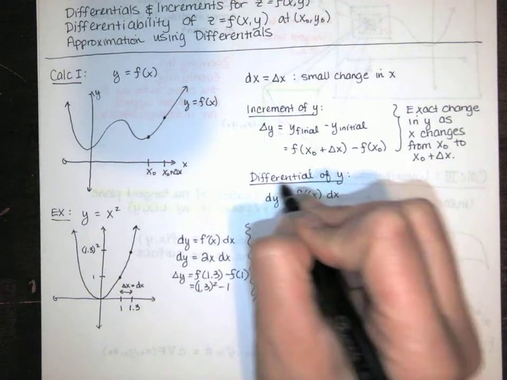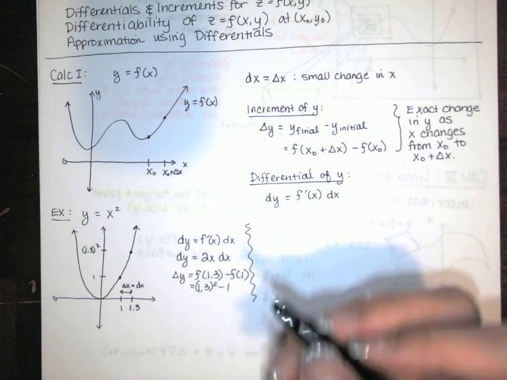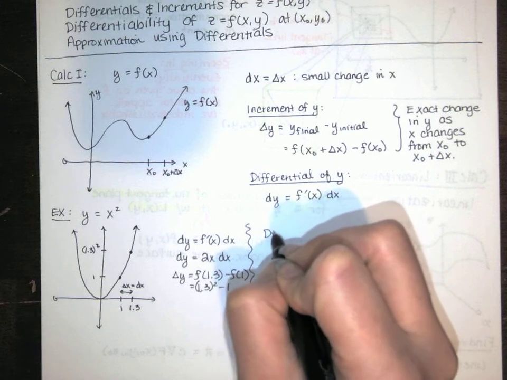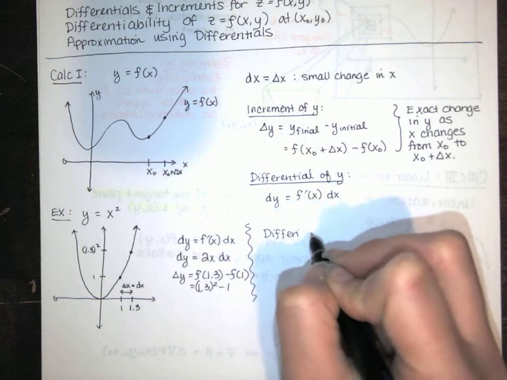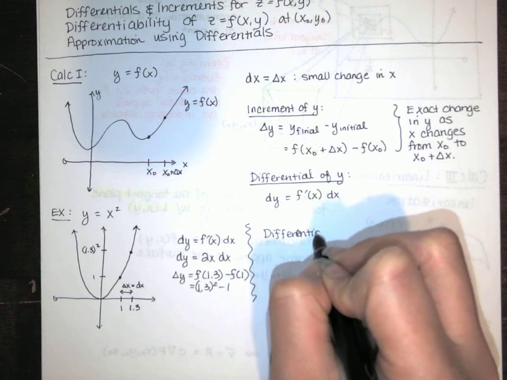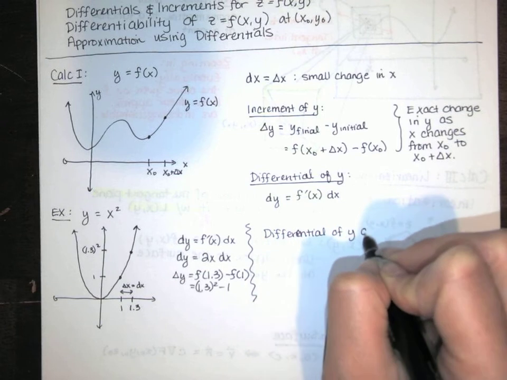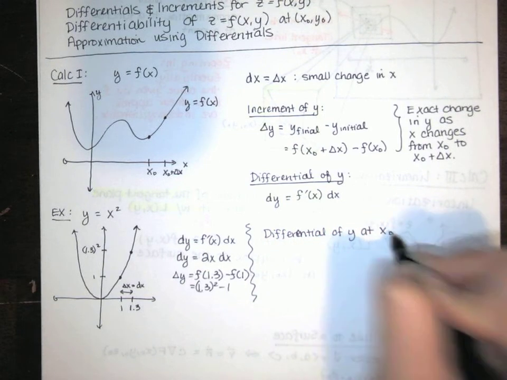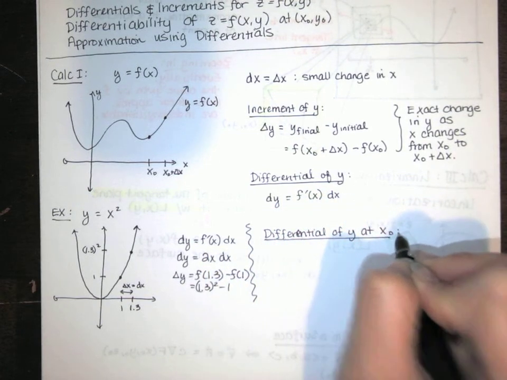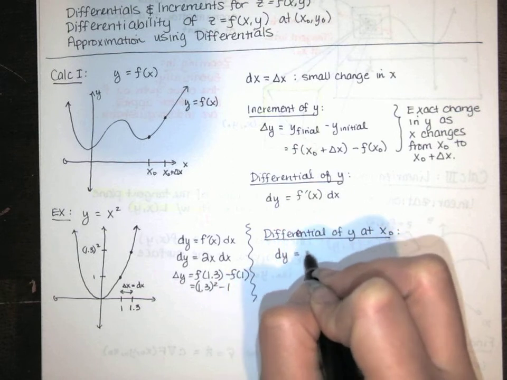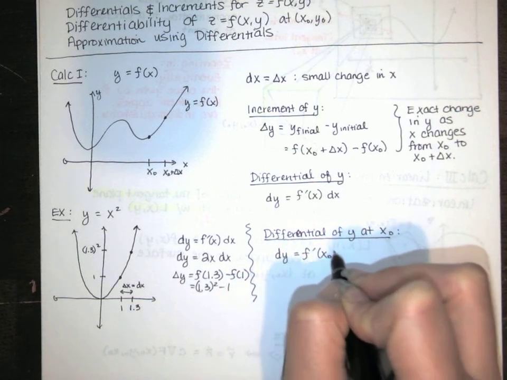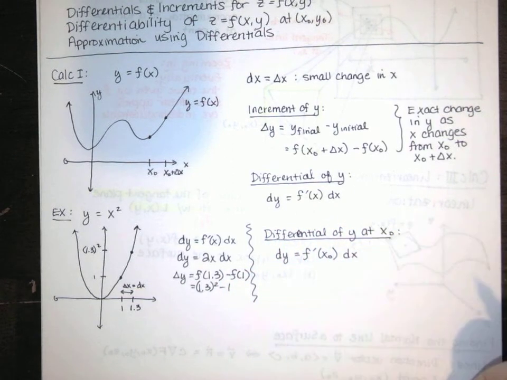Well, if we evaluate the differential at that point x naught, so we have dy equals f prime of x naught times dx.